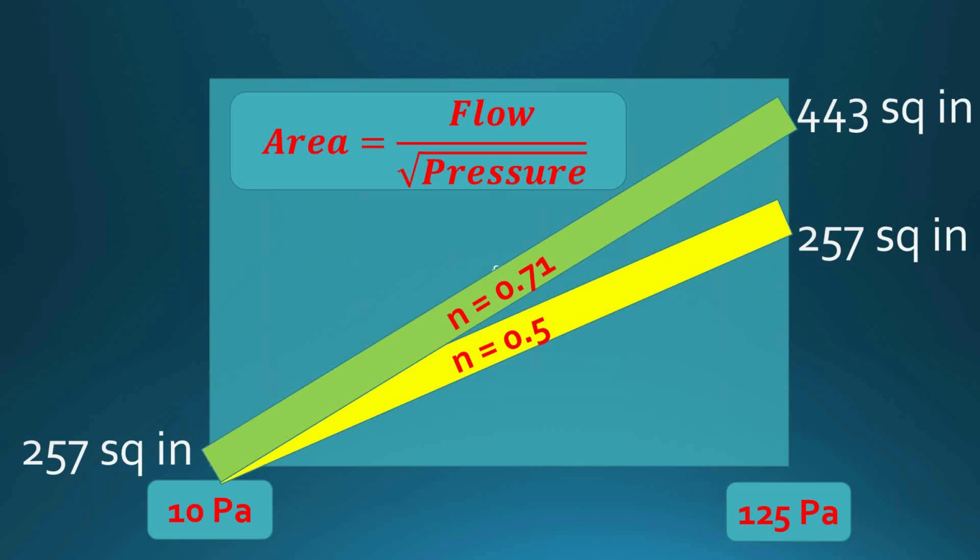So if we were to cut a hole in a flat plate and measure it at 10 pascals or 125 pascals or 250 pascals, it would always come out at the same size. We could measure that size. If it was 100 square inches, it would be 100 square inches at any one of those pressures, based on this flow formula that says area is equal to the flow divided by the square root of the pressure.